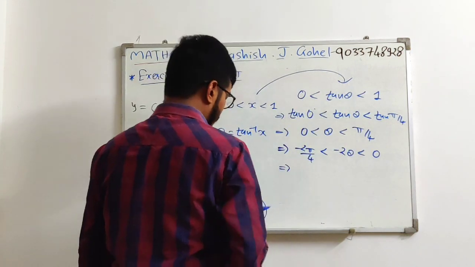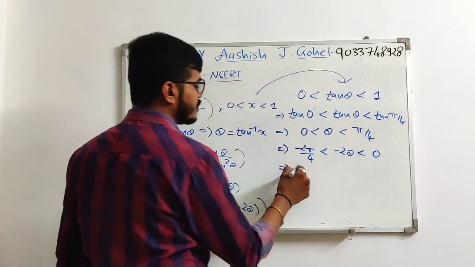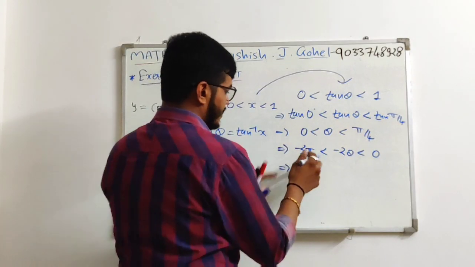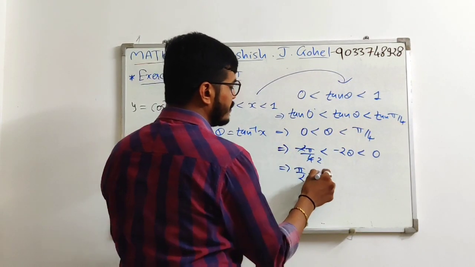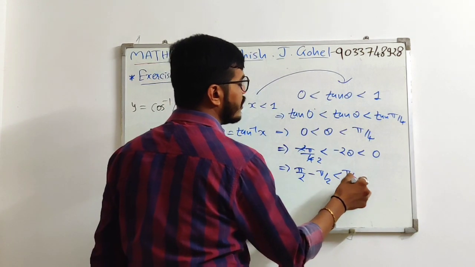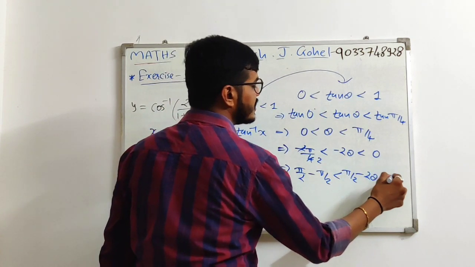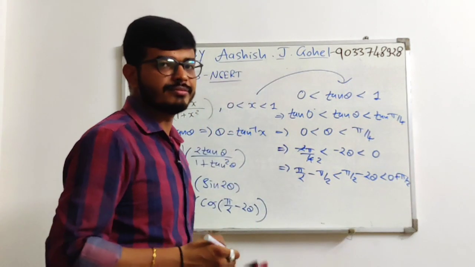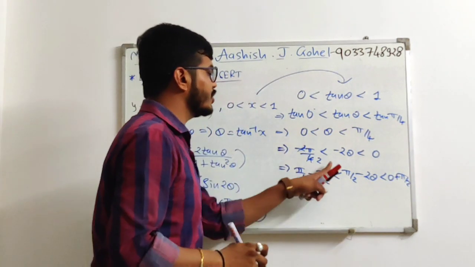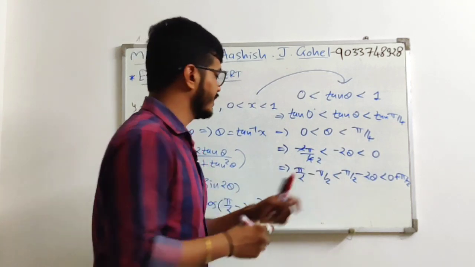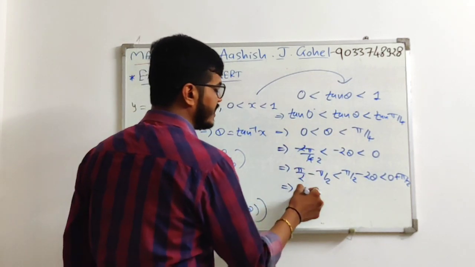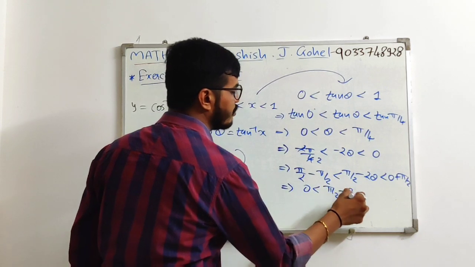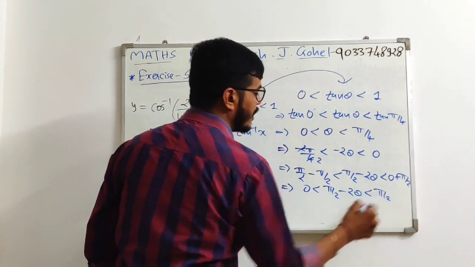Now I want to add pi by 2. So pi by 2 minus pi by 2, the 2 cancels, less than pi by 2 minus 2 theta less than 0 plus pi by 2. I have added pi by 2 over here. Now simplify it. 0 less than pi by 2 minus 2 theta less than pi by 2.